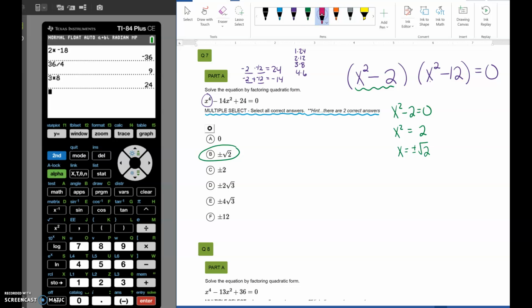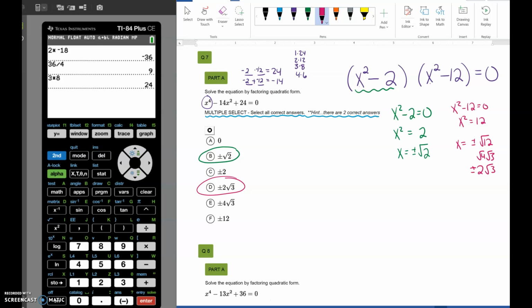You also have to do x squared minus 12 equals 0. So x equals positive or negative square root of 12. Well, I don't see the square root of 12 in this list, so we must have to simplify this. Plus or minus 2 times the square root of 3. Those are the 2 answers that are correct for this problem.